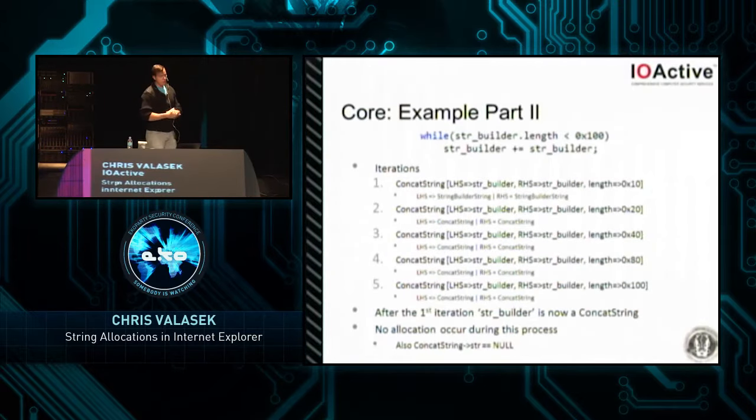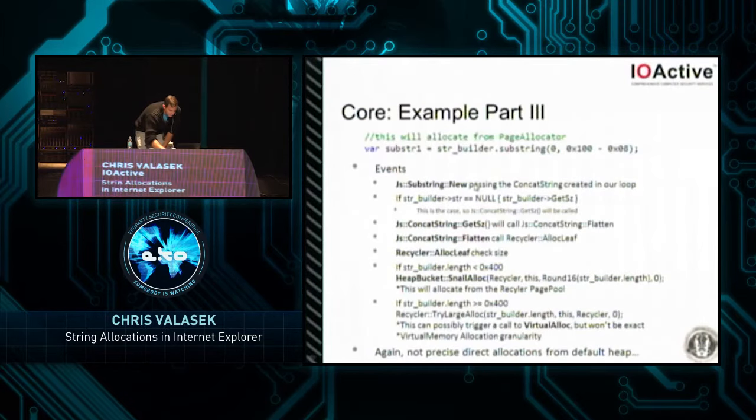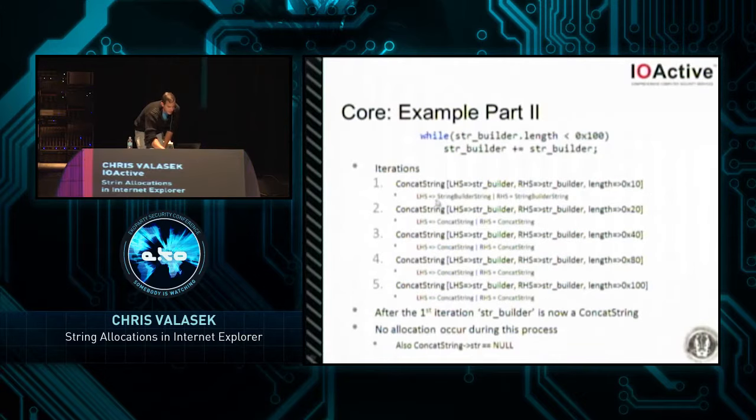From there, we have this loop of concatenated strings. If you're going to heap spray, you want to create very large strings to put in memory. The first iteration is the string builder, and it concatenates itself with itself, which is another string builder string. At that point, both objects are going to be concat strings because it's implicitly typecasted them to concat strings so it can manipulate them.